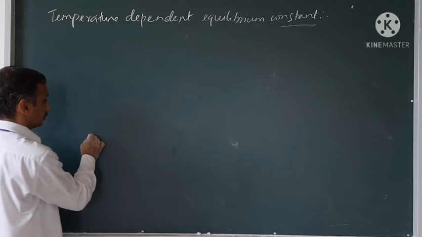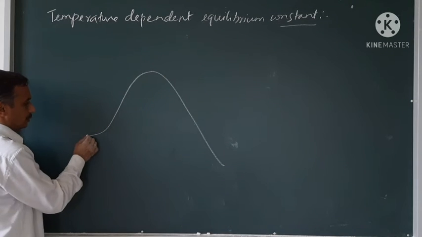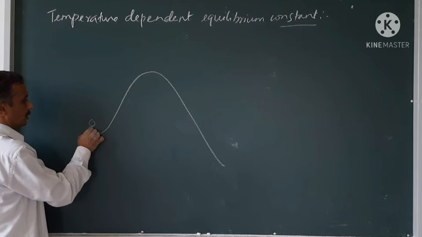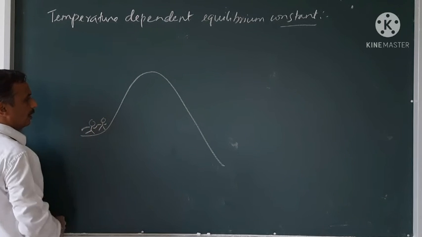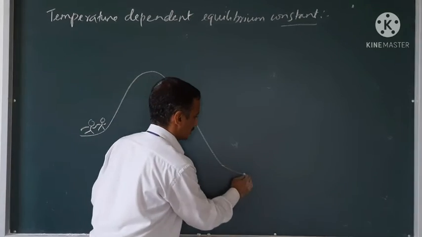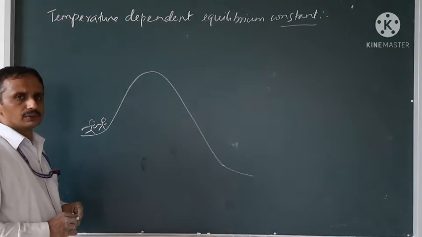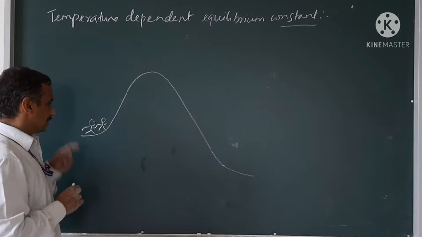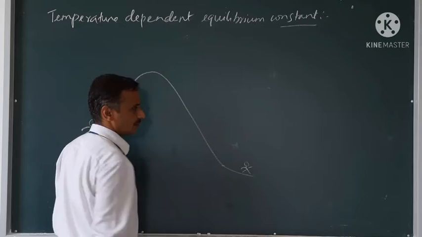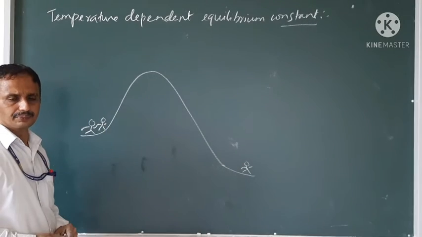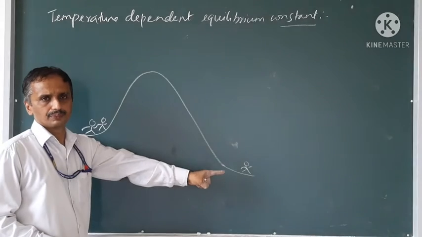Simple issue. There is one hill, and people are standing here, and the people want to go to the other side. The person who is present here has to go to this side, but no vehicles are there, only climbing up the hill and coming down.